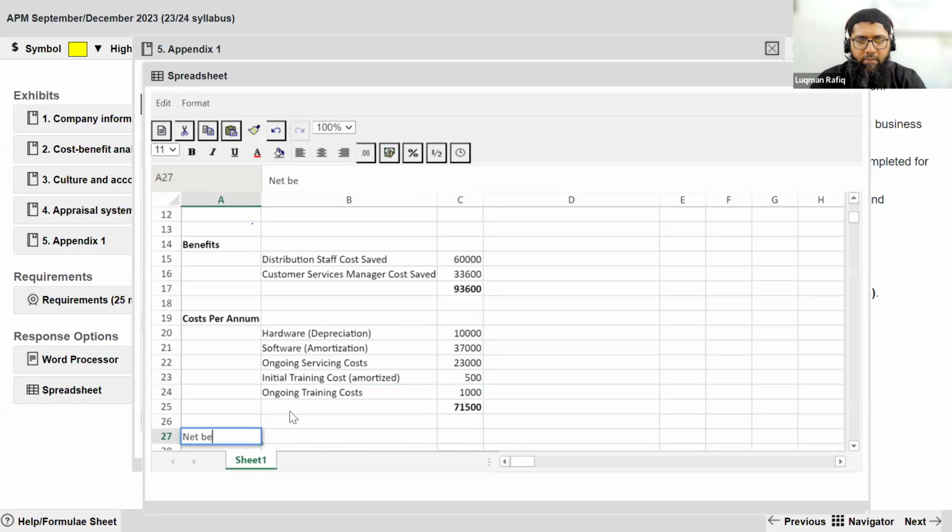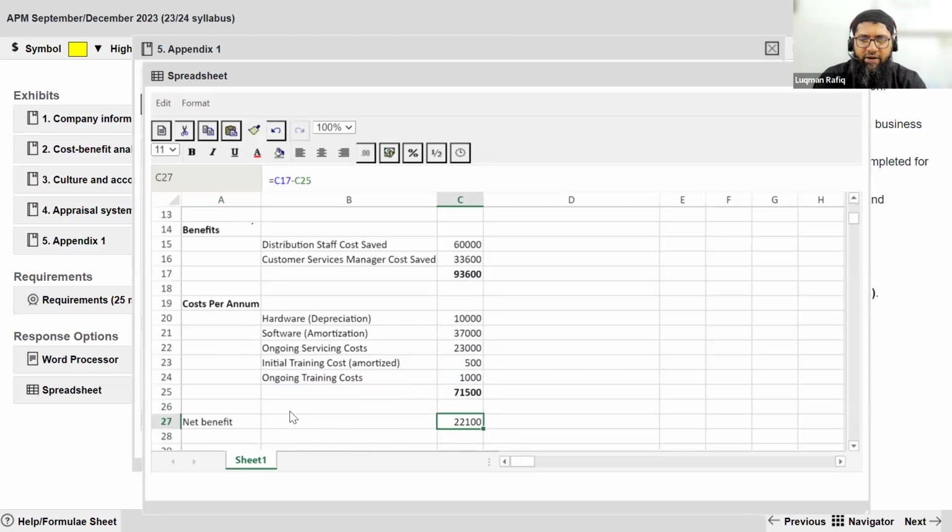The net benefit will be 93,600 minus 71,500. It's like 22,100.